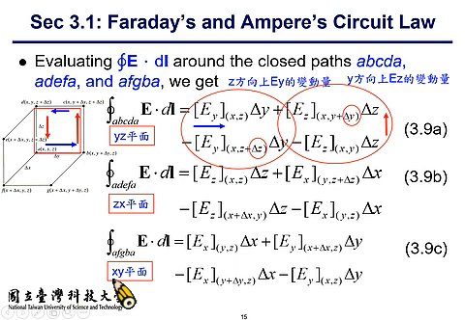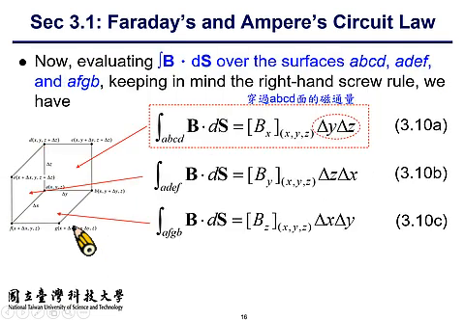These are the law in integral form: to the left is the closed loop integral of the electrical field intensity, and to the right is the surface integral of the magnetic flux accumulated in a specific area.